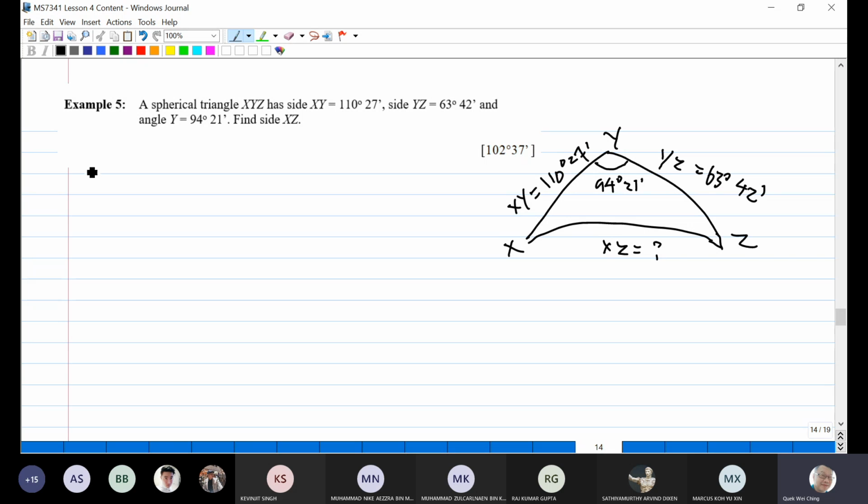The formula for XZ here is actually, let me highlight what you want to find now. I do this one yellow. I call this green here, this is blue here. So the cosine of XZ here, yellow.